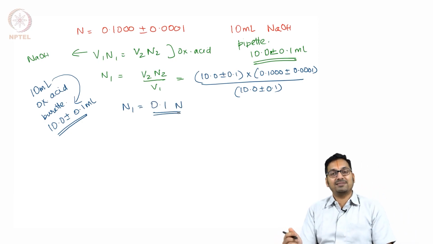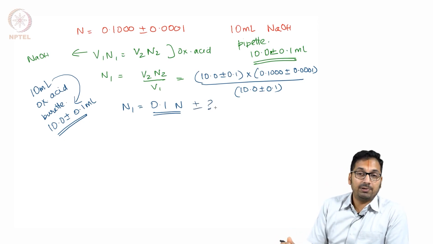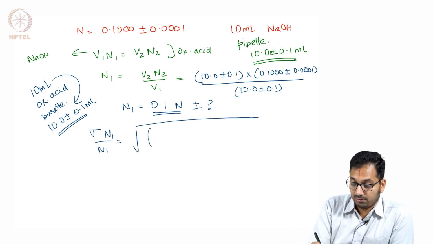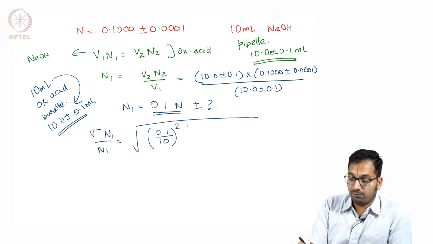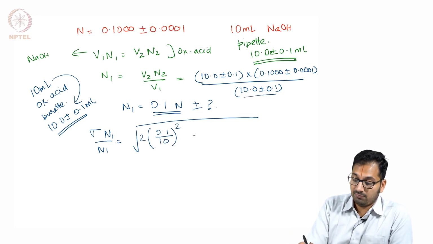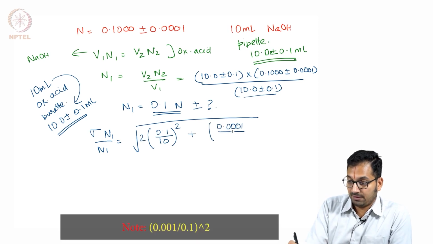Of course, this is not the point of the exercise. What we would like to understand is what is the error or the precision that goes with it. So sigma N1 is going to be given by N1 times the square root of (0.1 by 10) the whole square. Since we are going to write it 2 times because of the numerator and denominator, we can as well put a 2 there, times the whole square.